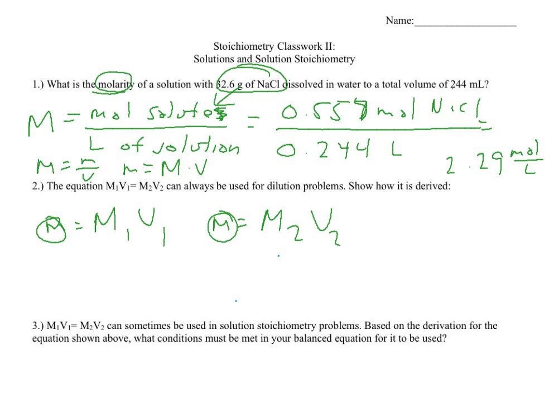Therefore M1V1 equals M2V2. That can always be used for dilutions, whether you're looking for a new molarity or what volume you would need to get a different molarity.